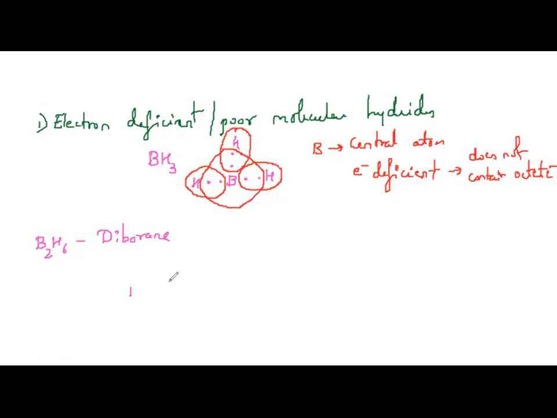Diborane I can represent as boron, and here boron. So two boron atoms, and each boron is linked to 2 hydrogens here. So in B2H6, the remaining 2 hydrogens form the bridging between the 2 boron atoms.